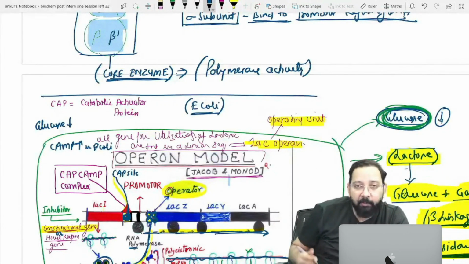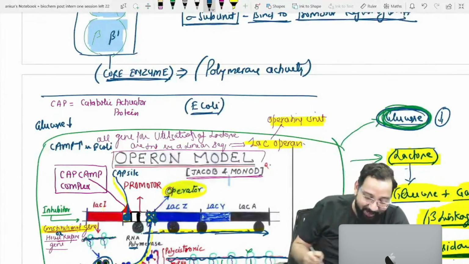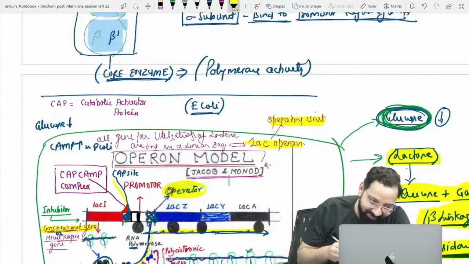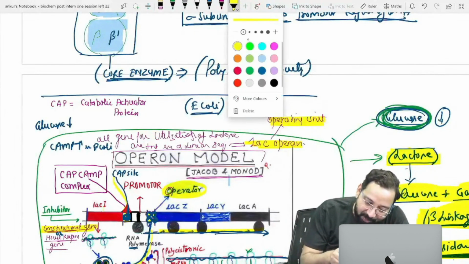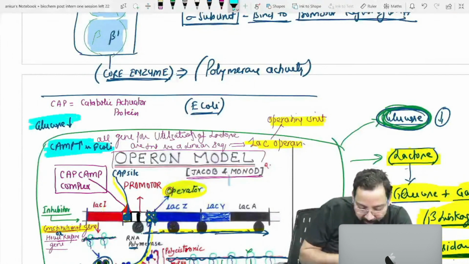Definitely, we developed from E. coli, bacteria, gradually over crores of years. So, same concept. Glucagon increases cyclic AMP in us. So E. coli will follow the same rule. When glucose decreases, cyclic AMP increases.